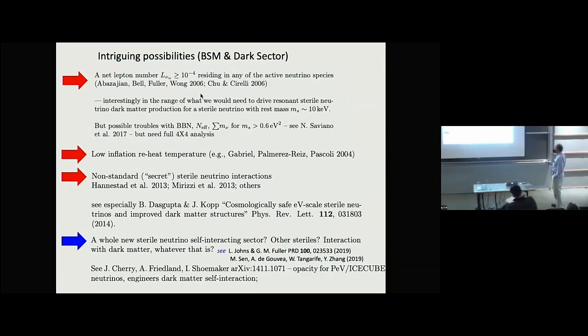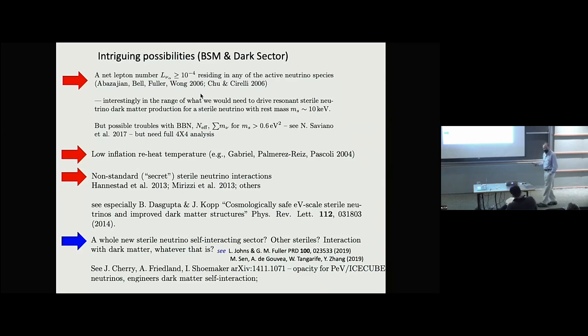Lots of intriguing possibilities in the dark sector, and I can remind you of some of these. Low reheat inflation, which we heard about from Graciela yesterday. Non-standard secret interactions among the sterile neutrinos themselves. So here are some papers on that. Here's one by Joachim and Basabi. And kind of my favorite is this one by Cherry, Friedland, and Shoemaker, which is very interesting.